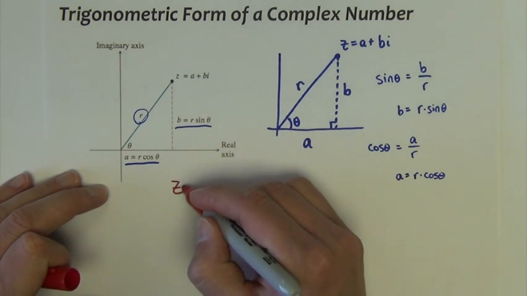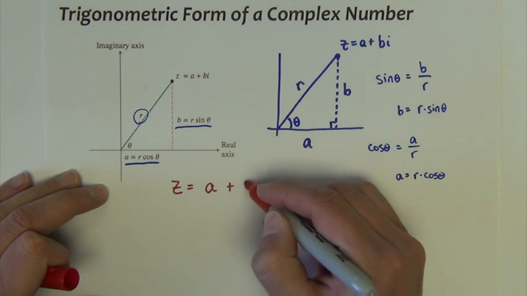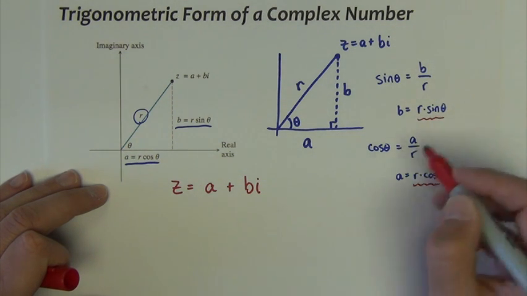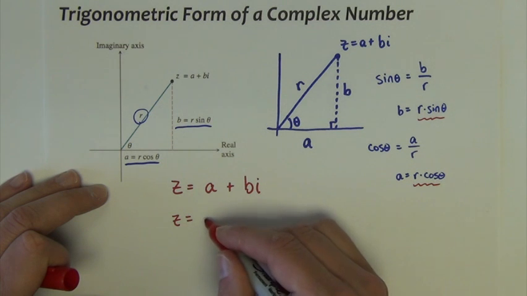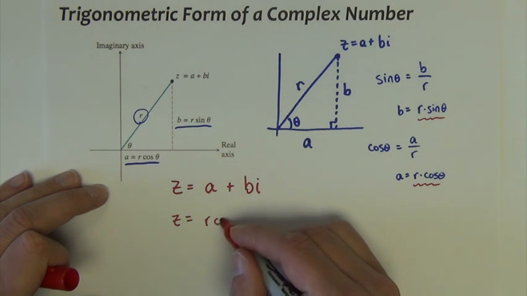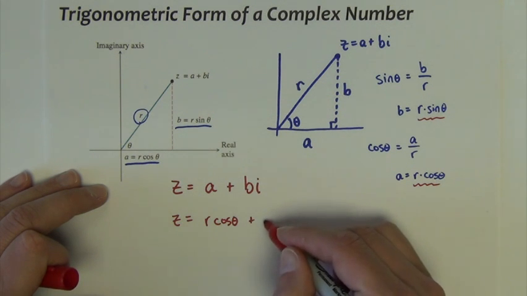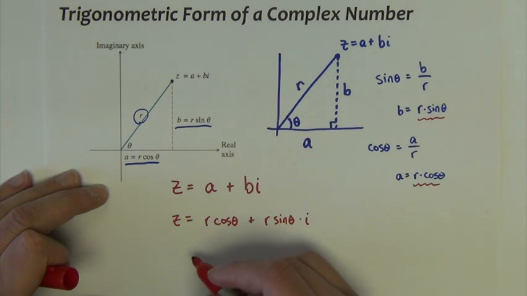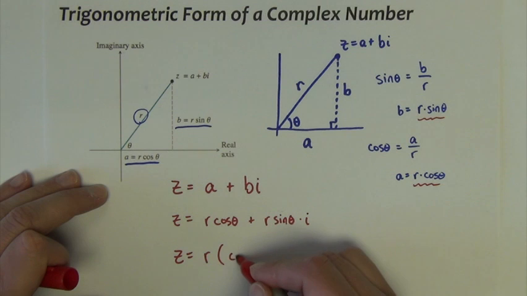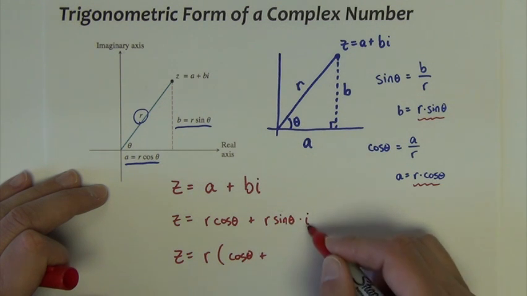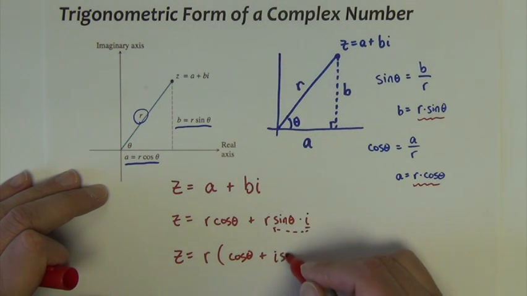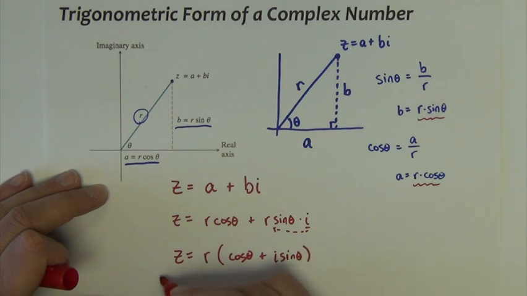If a complex number z equals a plus bi, and a is this and b is this, then the complex number becomes r times cosine theta plus r times sine theta times i. And it's often written with the r factored out: r times cosine theta plus the imaginary unit i, which I'm just going to pull to the front, i sine theta.